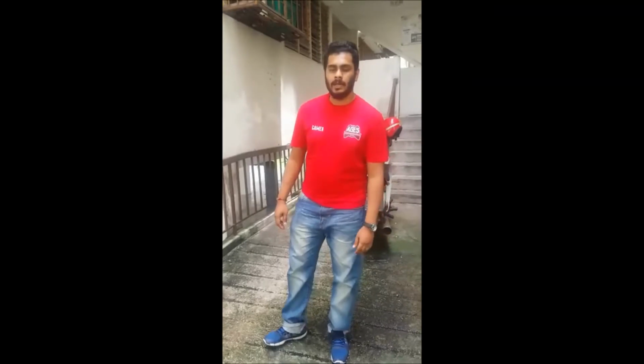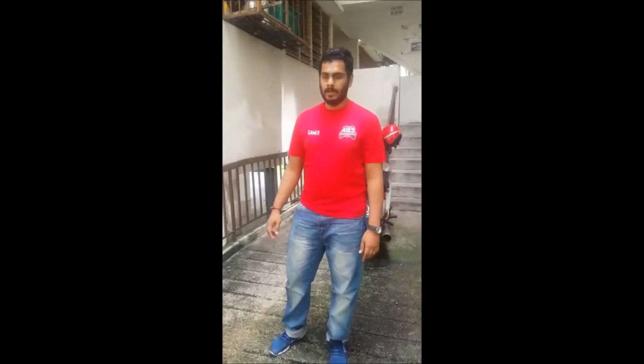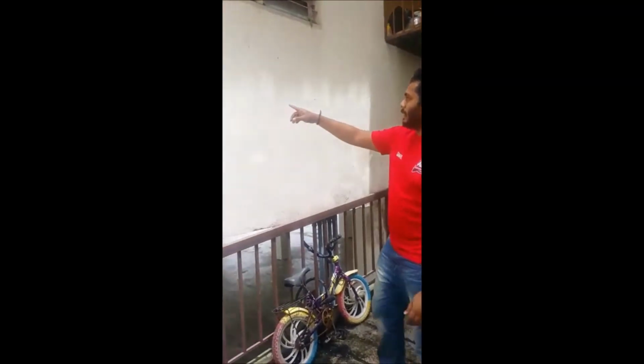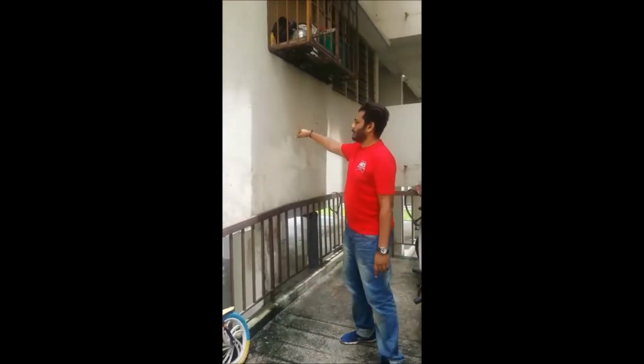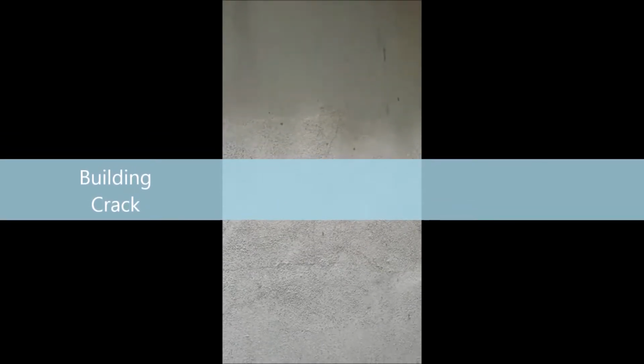Okay, the first defect that we are going to identify from this building is the building wall crack. You can see there are a lot of cracks over here. A crack is actually the visible symptom of a possible problem. There is no one definitive cause of cracks, but minor changes in the temperature and the moisture within building materials can be enough to cause hairline fractures in the surface.